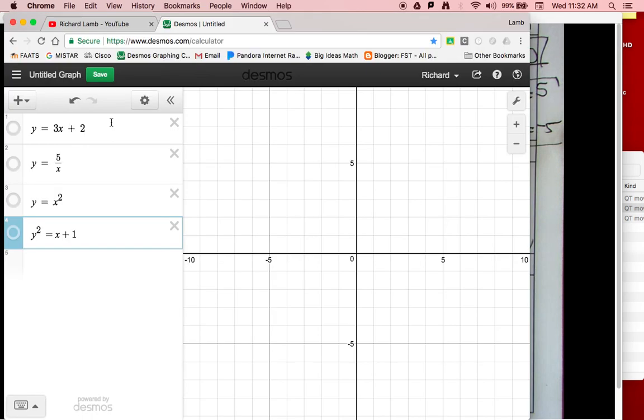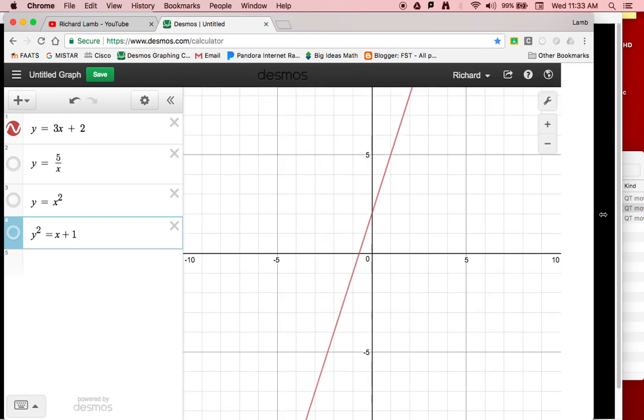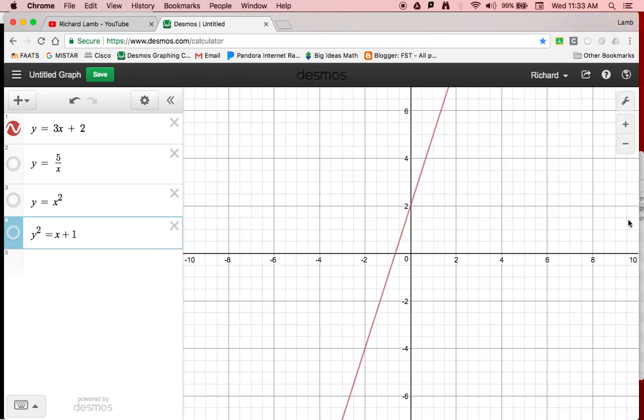All right, so here I am at the Desmos calculator. I've already entered the four equations ahead of time. Let's look at the first one, which is y equals 3x plus 2. When we graph that, hopefully you can just eyeball that and notice that's a straight line. Now, if I draw a vertical line anywhere on here, I touch the graph once.